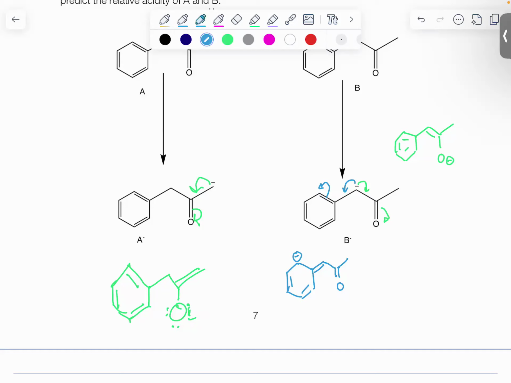Are there more resonance structures that I could draw? Yes, because I can keep pushing this around the ring.